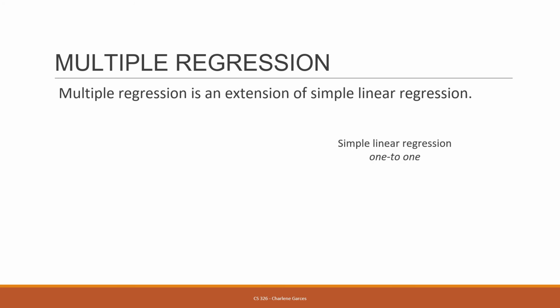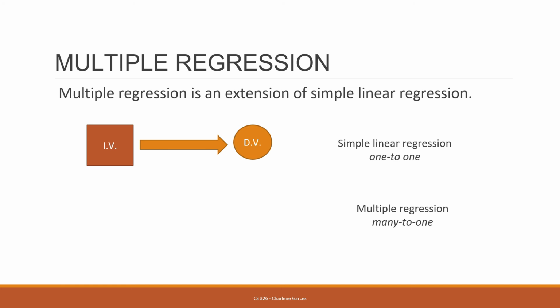So simple linear regression is one to one: the IV, the independent variable, and the DV, the dependent variable. So one independent variable is directed to one dependent variable. Whatever happens to your IV will directly affect what will happen to your DV.